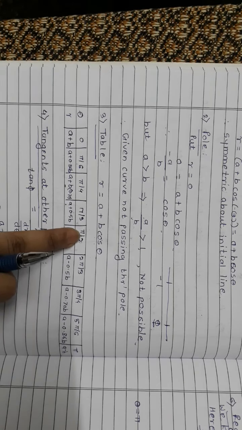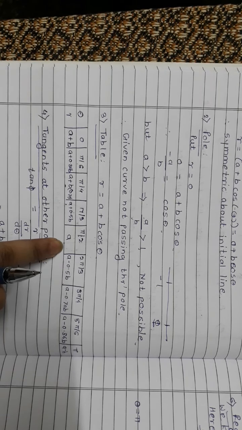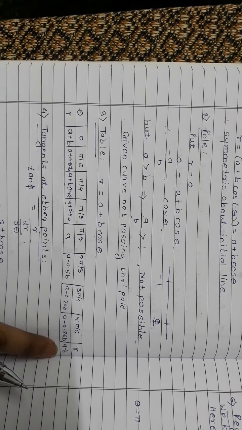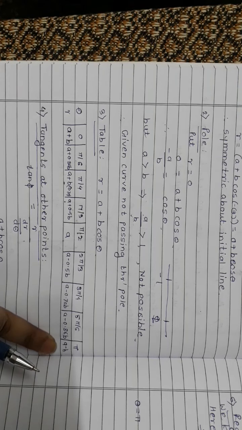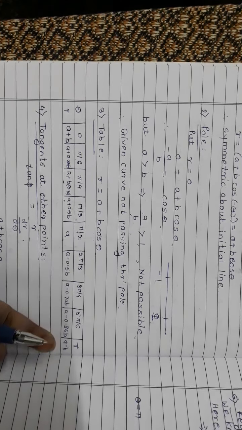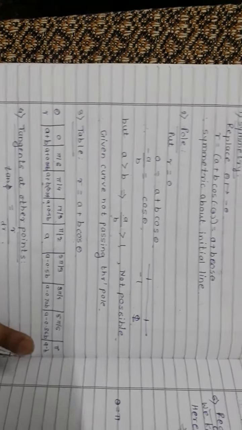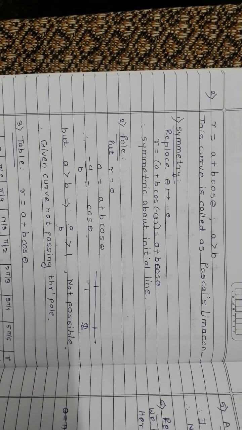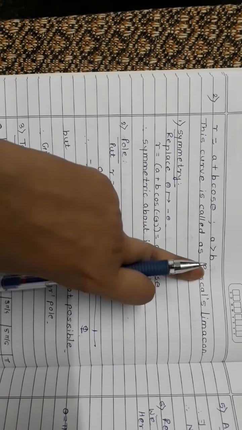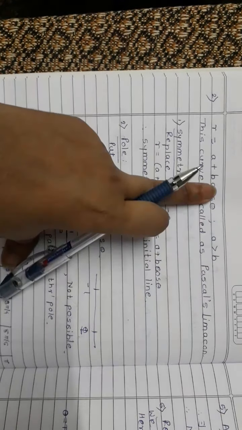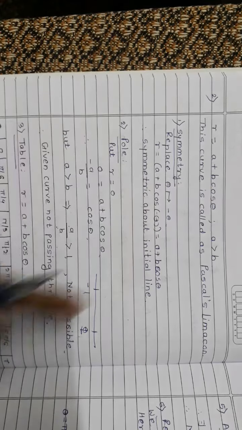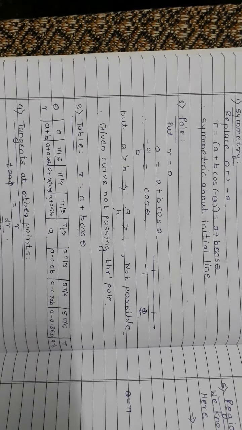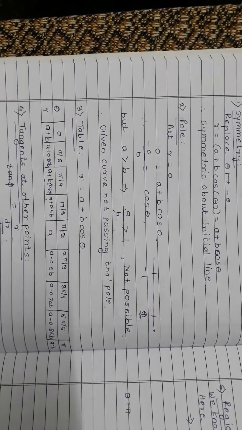Note that at pi by 2 it becomes a, and at pi it becomes a minus b. But a minus b cannot be equal to 0, so it will not touch the pole. Why is it not equal to 0? Since a is greater than b, a minus b must be greater than 0. So at point pi the curve will not touch 0, it will be a little bit outside from 0, right?